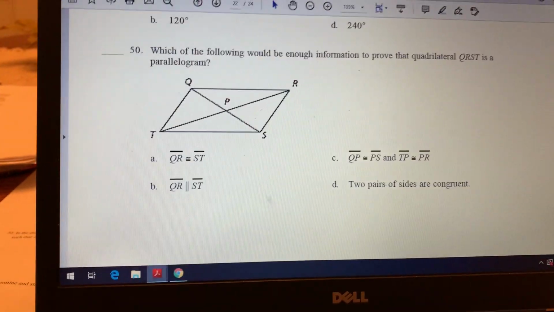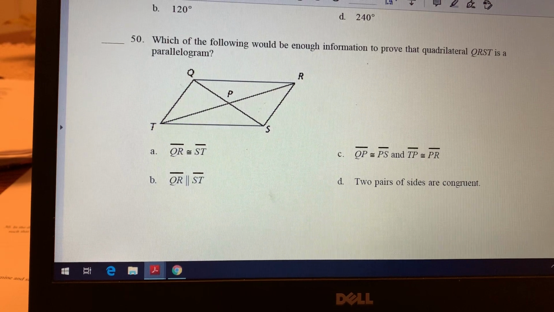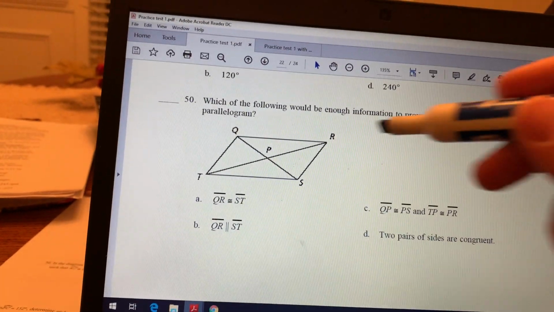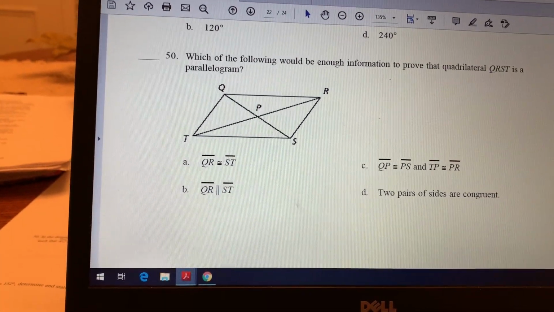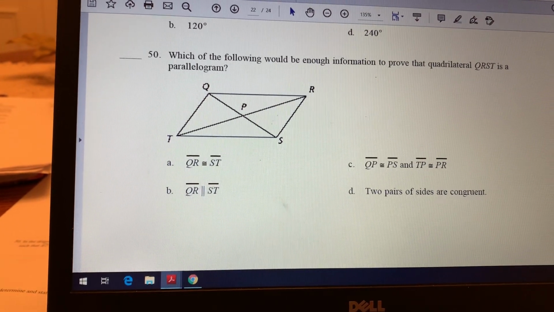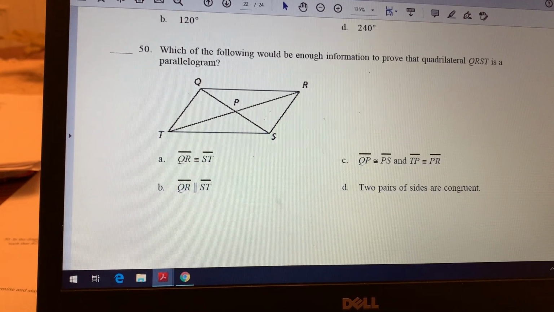So if we look at our answer choices, line segment QR is congruent to line segment ST. So there and that. So I got one pair of sides congruent to each other. That's actually going to be true for any regular quadrilateral. Any regular quadrilateral has one pair of sides that are congruent.